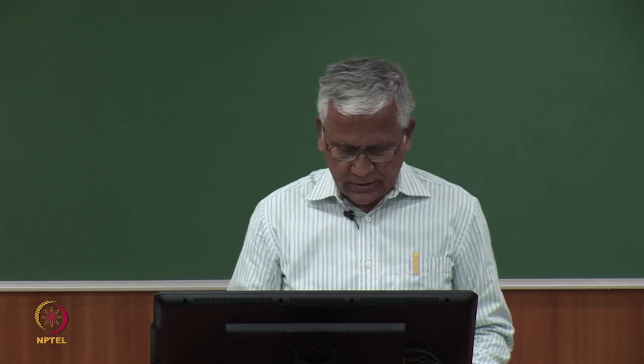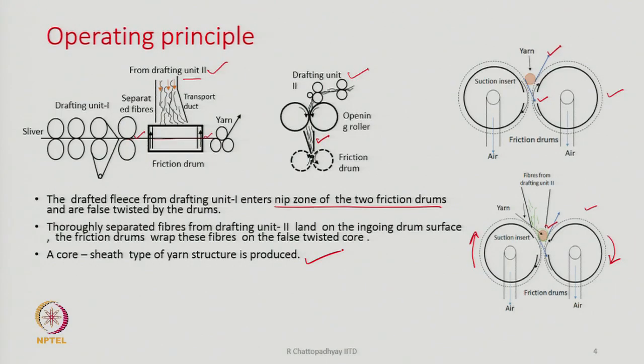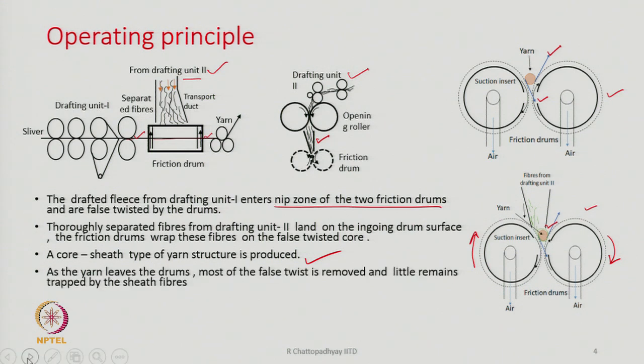That is what generally happens. Ultimately, what we get is a core-sheath type of structure, core surrounded by a lot of sheath fibers. So, that is how the system is going to work, and as I showed here, the suction inserts are connected to the suctions.